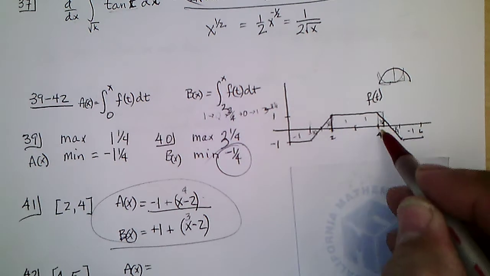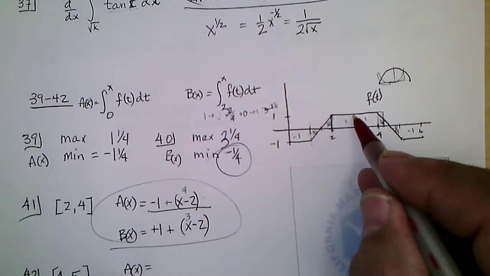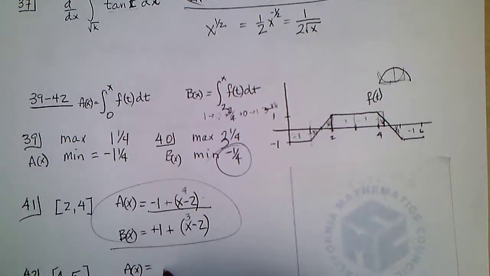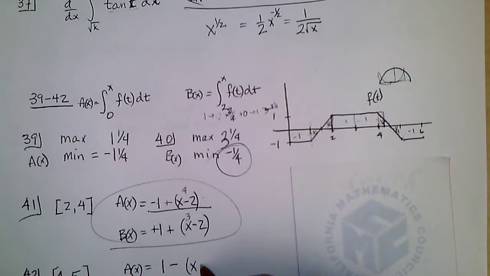So A at 4, we're up to this, that, and that cancel. So we're up to 1. And then we're doing minus, and then we're going to do x. The center of this parabola is at 4.5.